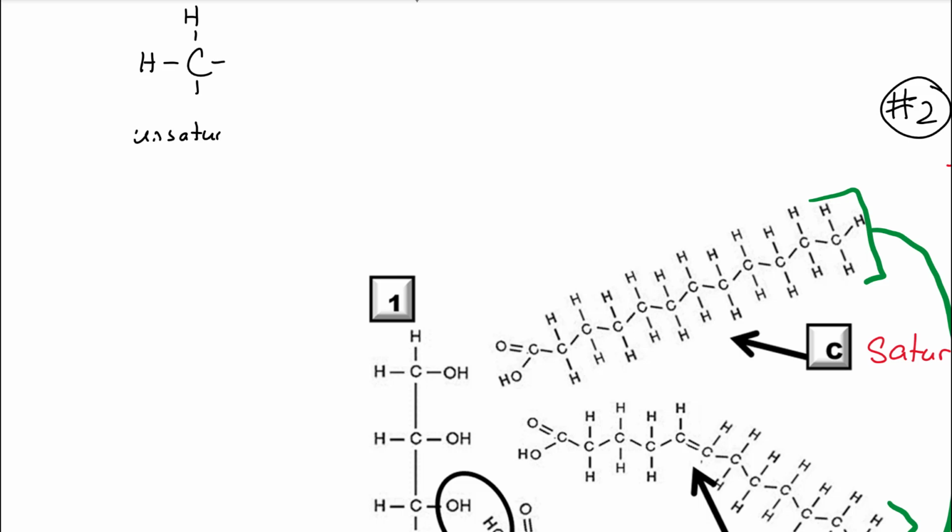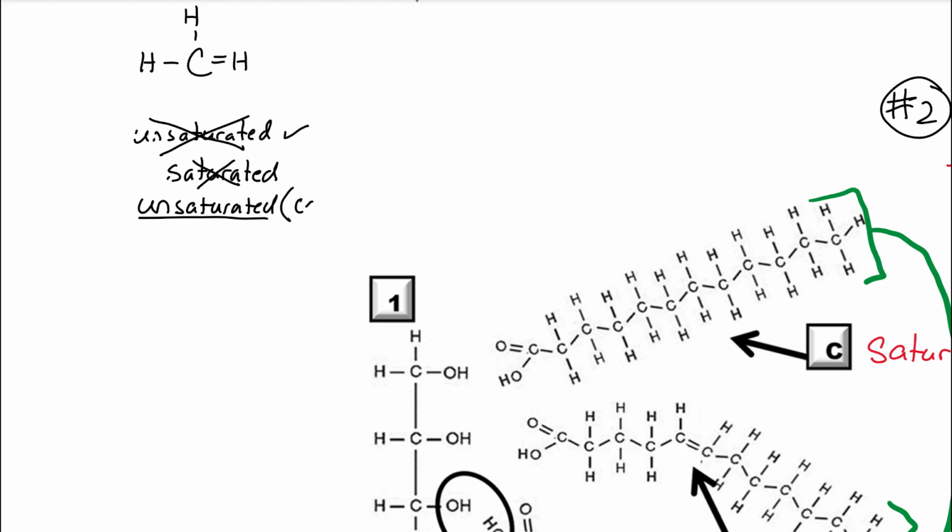So this shows unsaturated carbon. Still unsaturated. Now it is saturated. All 4 bonds are taken. If I remove one of these, you could still fit more hydrogen, so it's not saturated with hydrogen. It's unsaturated.